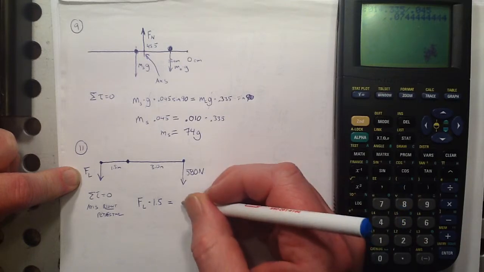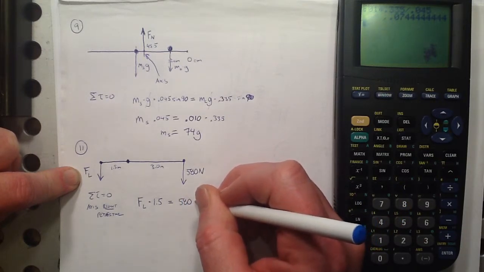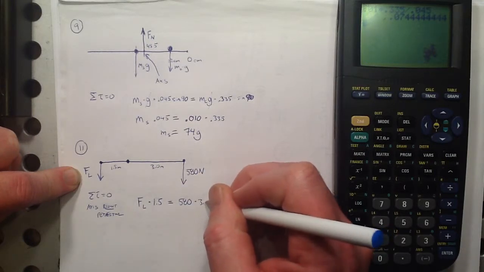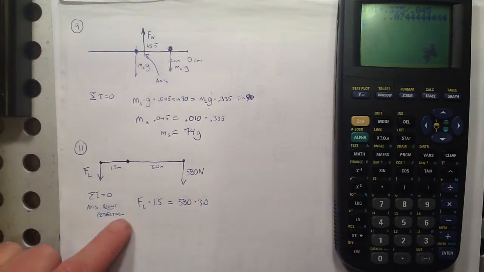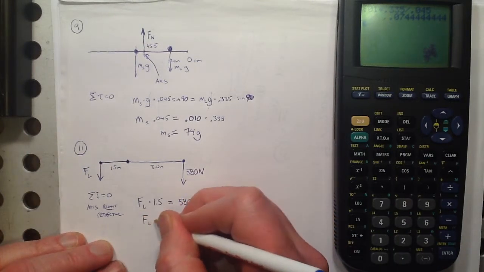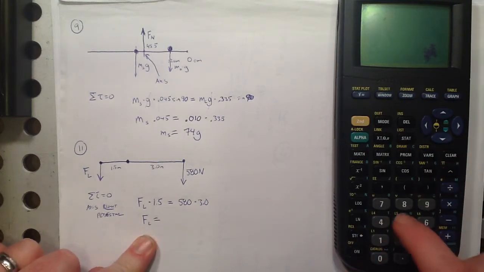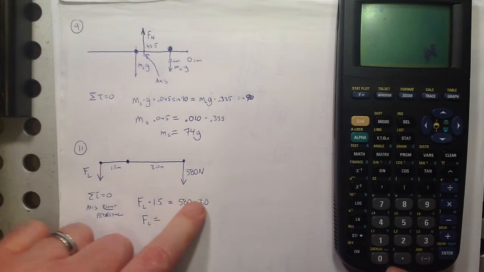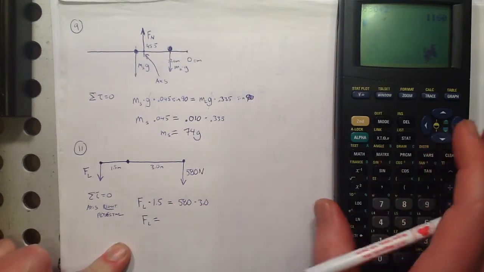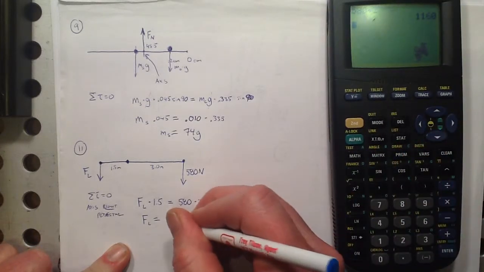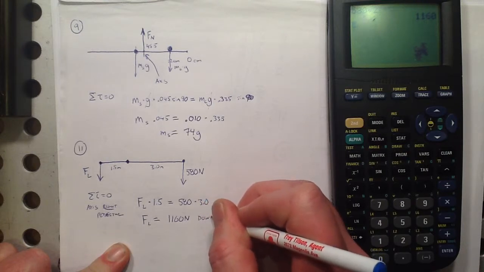And then this torque would be the 580 newton force times the radius at which it's acting, times the sine of theta, again 90 degrees. So the force on the left pedestal is 580 times 3 divided by 1.5, which is 2, so 1160 newtons, and that's down.